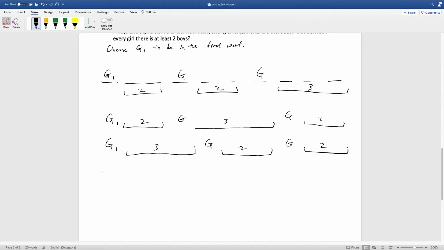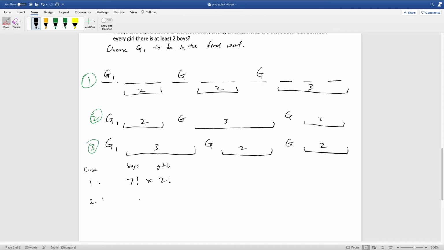and for each case we need to count the number of valid seating arrangements. So for the first case, since girl 1 is already fixed here, the remaining 2 girls and 7 boys have 7 factorial for the boys, and then for the girls there's 2 factorial, right? For case 1, there's 7 factorial and 2 factorial.